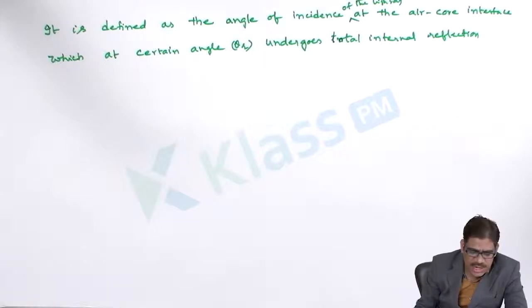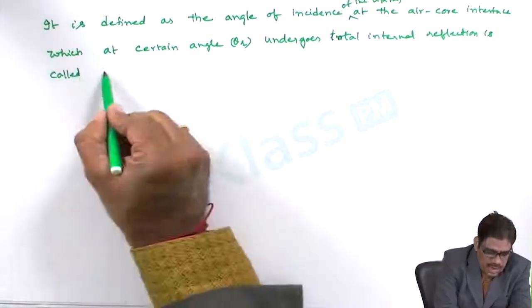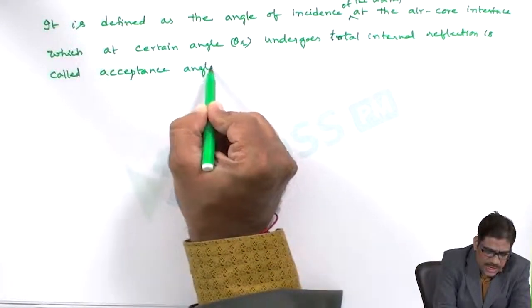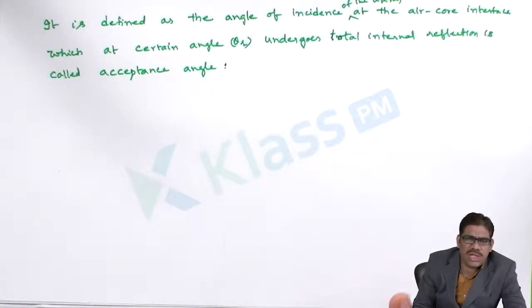That is called the acceptance angle. So the light ray is to be accepted by the optical fiber so that it undergoes total internal reflection. So that is called our acceptance angle.